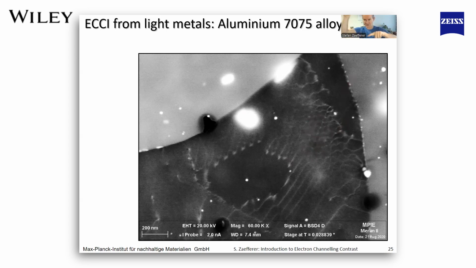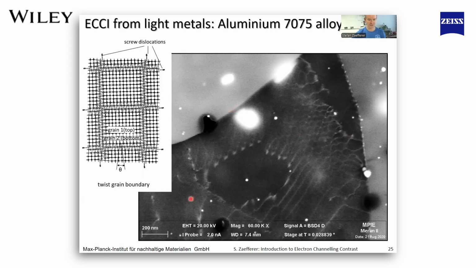There is one set of dislocation lines like that, and one set like that, and that means the crystal below and the crystal above this dislocation network are slightly misoriented. That's a typical picture of a twist grain boundary, as you see it here.